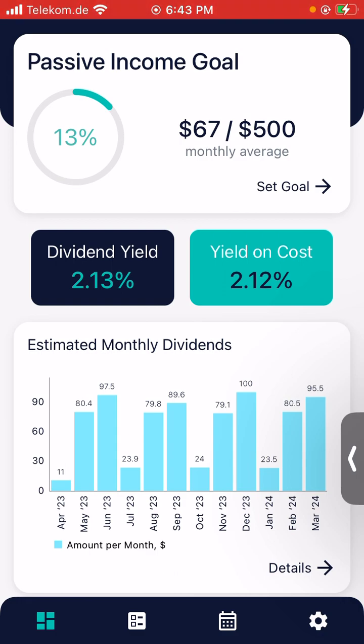So dividend yield is basically the dividend that the company pays every year divided by the stock price. And the dividend yield on cost is basically the dividend that you receive on every stock divided by the historical prices of your stock over time. Imagine that the dividend yield is the picture today: what is received in dividend divided by the price of the stock today.